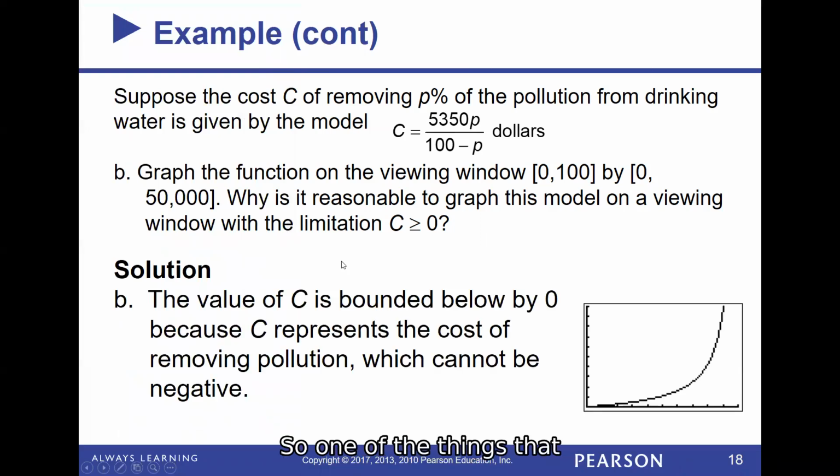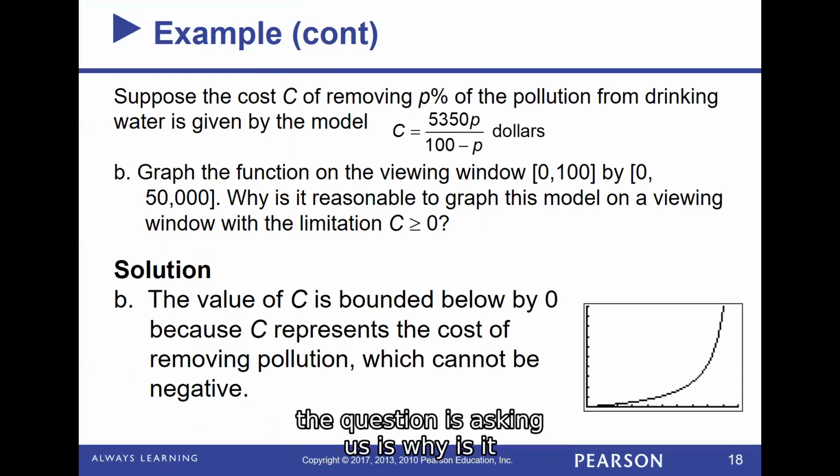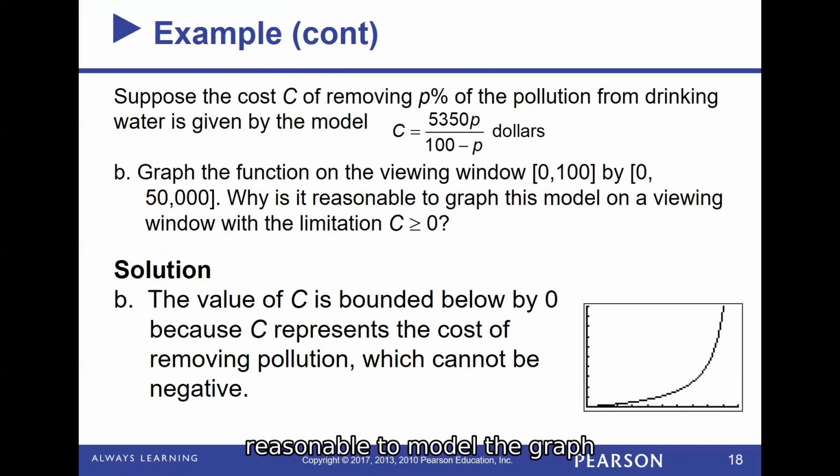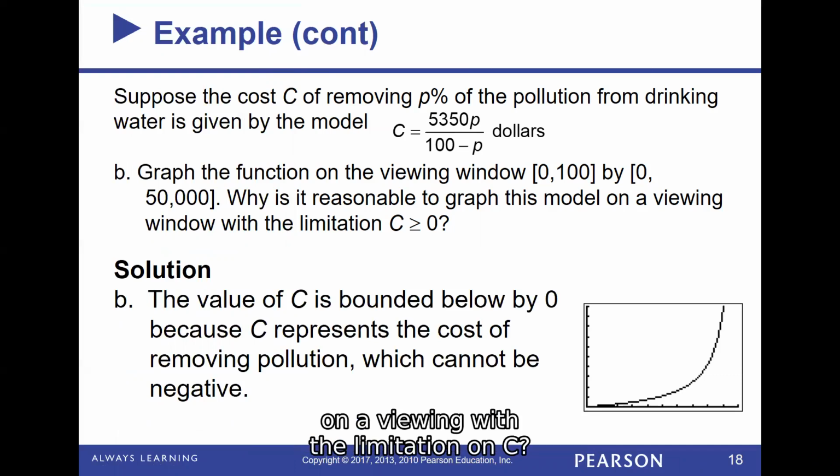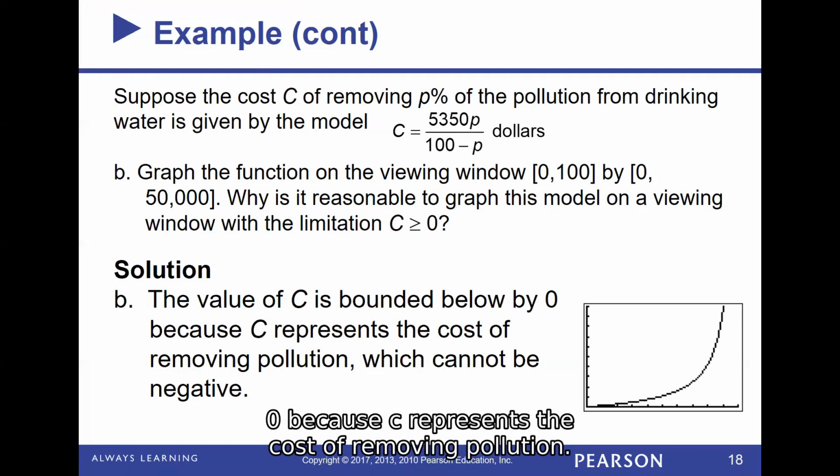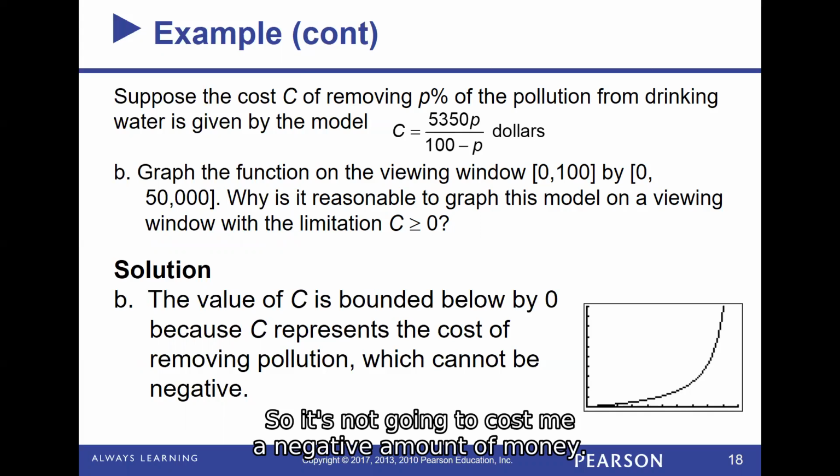So one of the things that the question was asking us is, why is it reasonable to model the graph on a viewing with a limitation on C? Well, the value of C is actually going to be bound below by 0 because C represents the cost of removing pollution. So it's not going to cost me a negative amount of money.